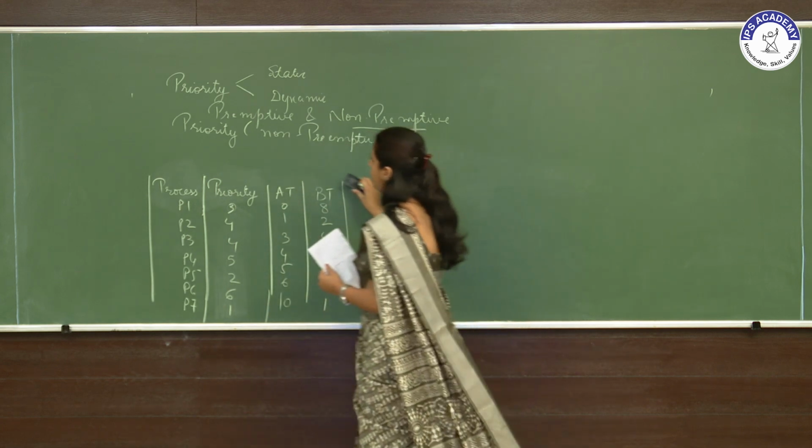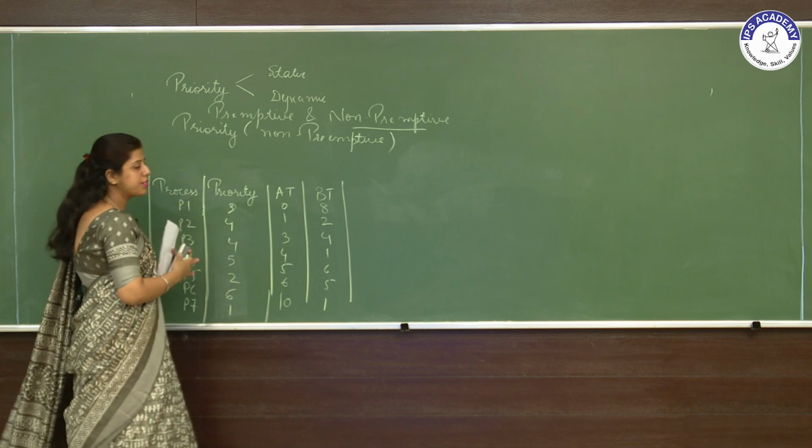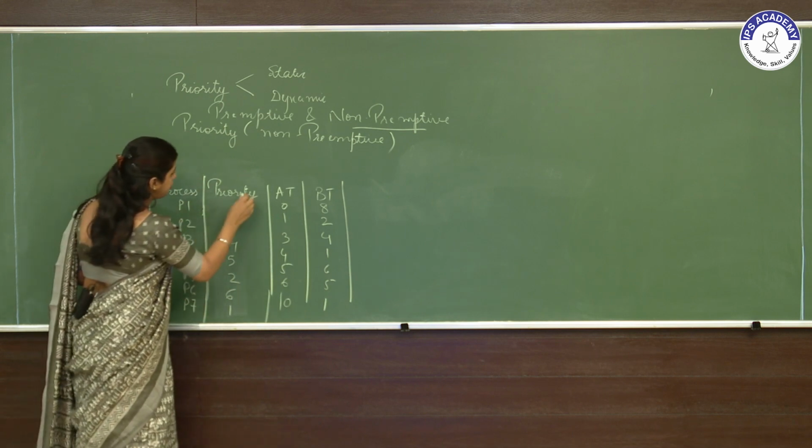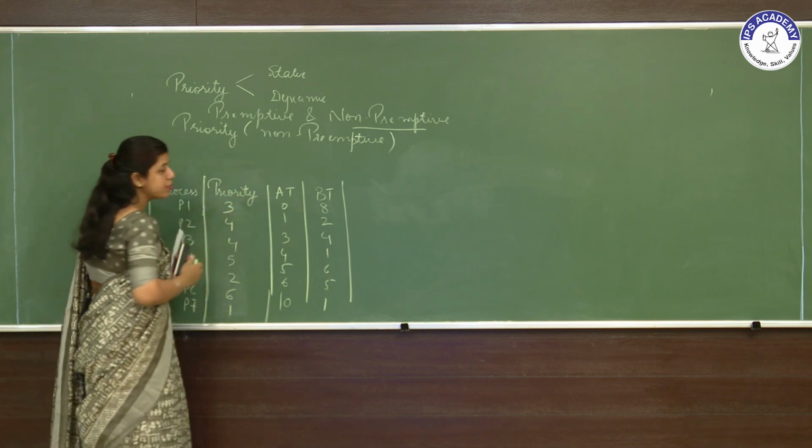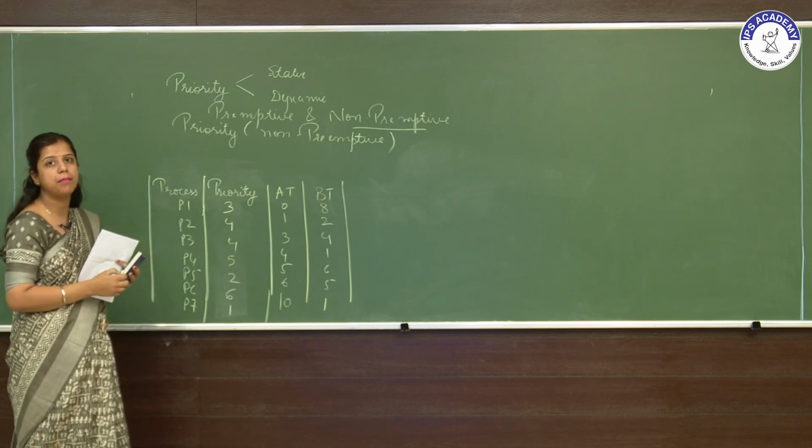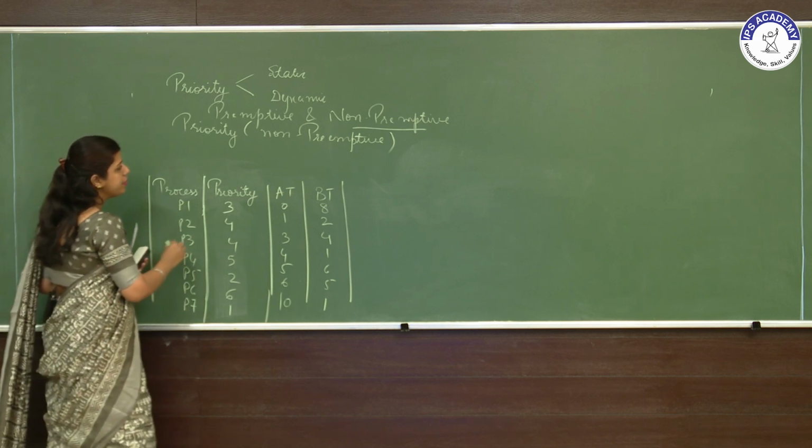Here, it is not stated in the question which process is to be assigned the CPU first. So, by default, we will take that the lesser the number, the higher the priority.